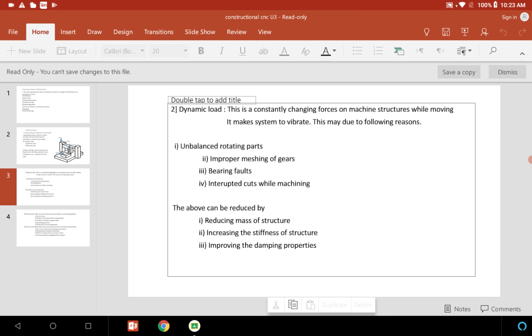They can, of course, be reduced by reducing the mass of the structure, increasing the stiffness of the structure, and improving the damping properties. Damping in the sense of shock absorbing properties, using materials which absorb the shocks or the loads.